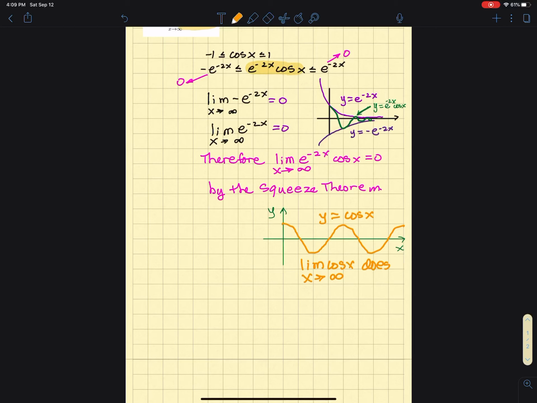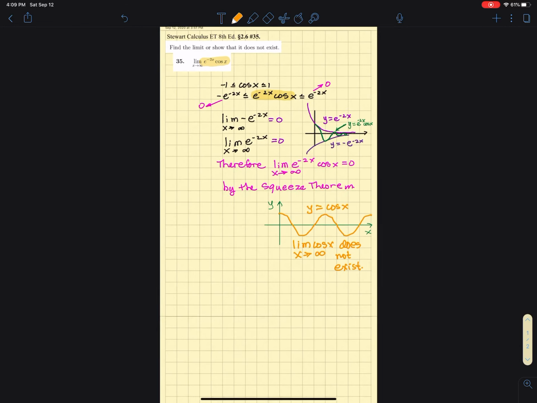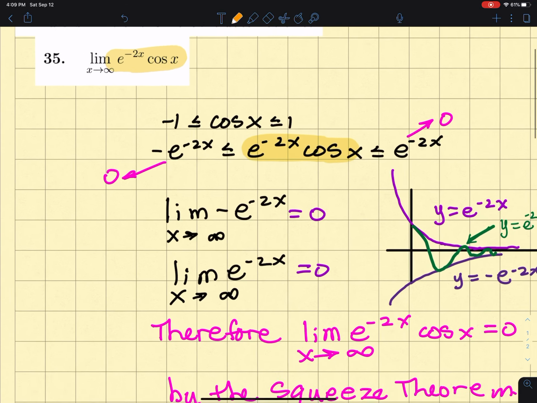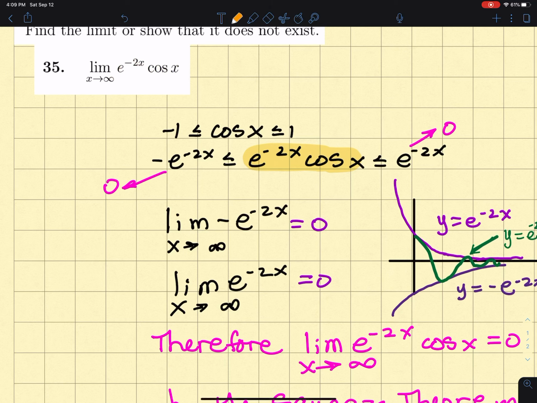And the reason for that is that I cannot use a limit law here. When I'm finding this limit of this function, I cannot say, well, e to the negative 2x has limit 0, and cosine x has limit blah, blah, blah, and multiply together.